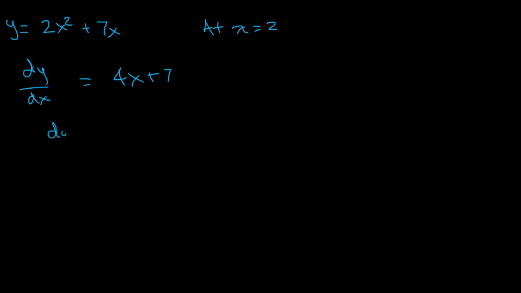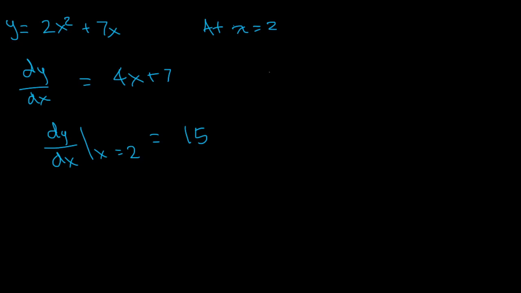And we evaluate the derivative at the given point. So at x equals 2, that's just going to give us 15, right? So one interesting property is that the negative reciprocal of the gradient of the tangent is equal to the gradient of the normal.